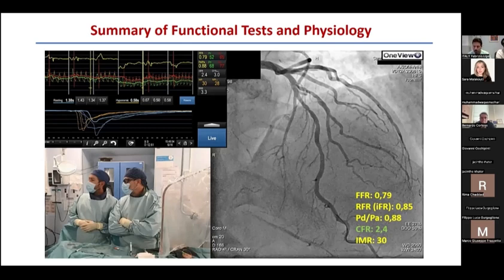We also have other parameters like RFR, which corresponds to Volcano's iFR, a non-hyperemic parameter. Pd/Pa; we have a CFR of this LAD of 2.4, not quite normal, but not so high. And IMR, we have a value of 30, which is dysfunctional microcirculation.